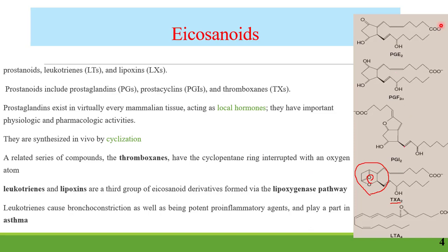For example, prostaglandin 1, prostaglandin 2, and prostaglandin 3. Different substituent groups attached to the ring give rise to series of prostaglandins and thromboxanes, labeled A, B, and so on.